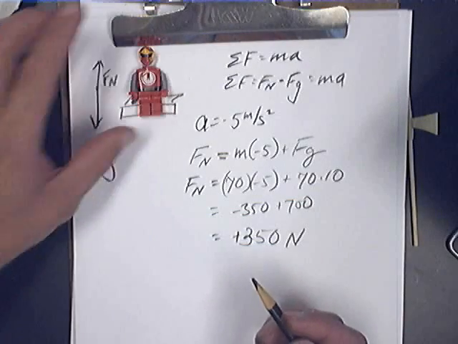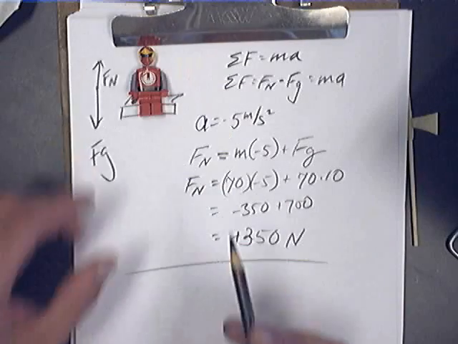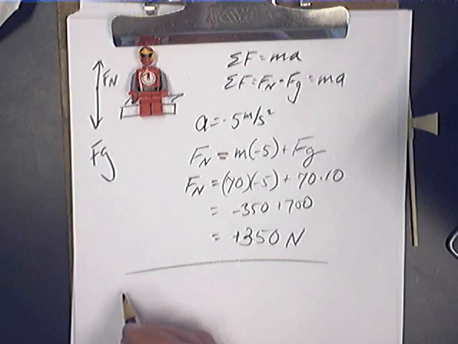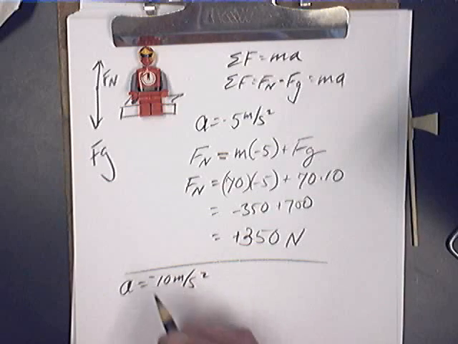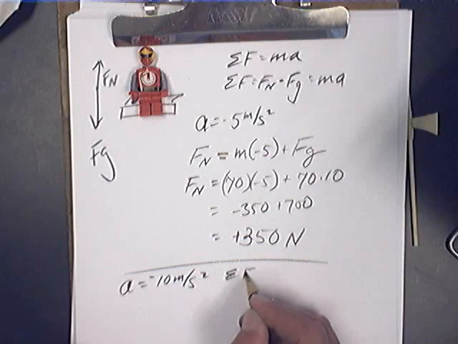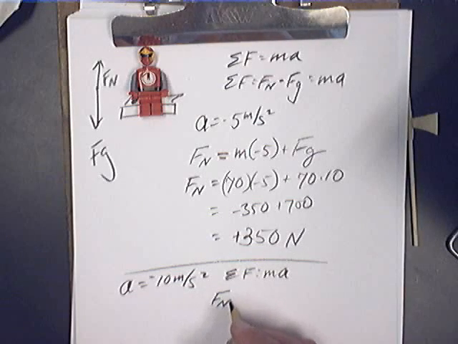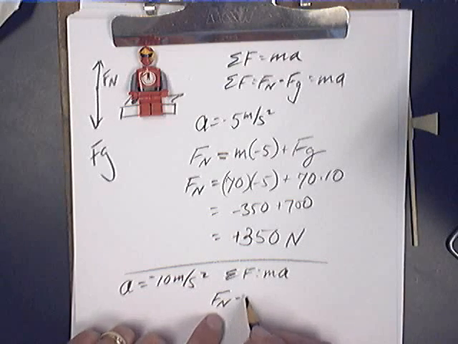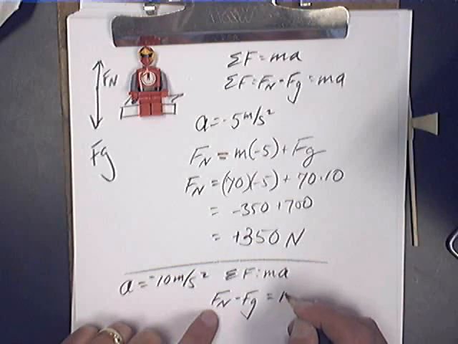So let's say somebody does something nasty and breaks the cable and lets me fall. So now I'm falling at 10 meters per second squared in the negative direction. Sum of my forces equals ma. I have normal force in the positive direction minus force of gravity, and that has to equal mass times acceleration.